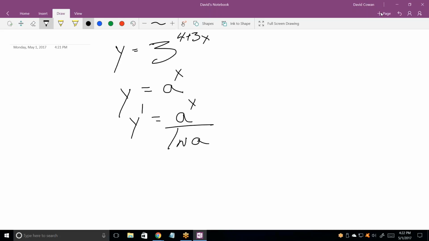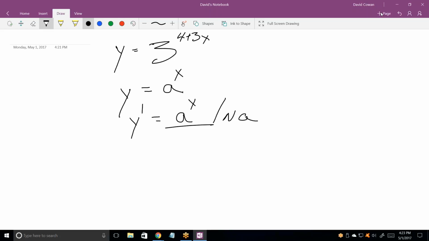You end up not doing a lot of base 3 when you get to calculus. Here's what it really is.